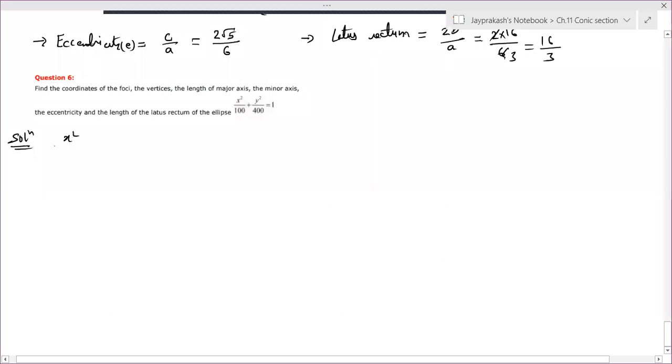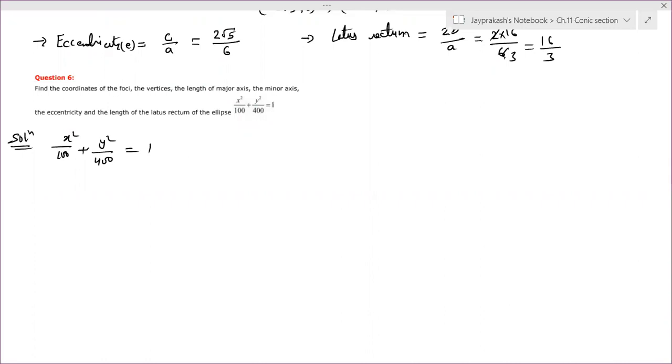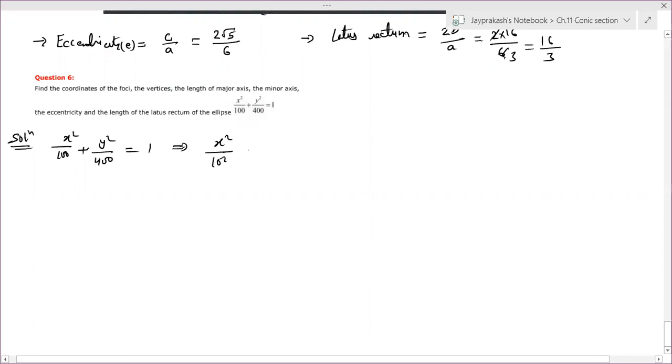Here the given equation is x square by 100 plus y square by 400 equals 1. It can be written in the form x square by 10 square plus y square by 20 square equals 1.